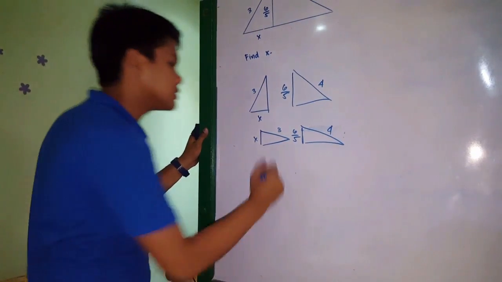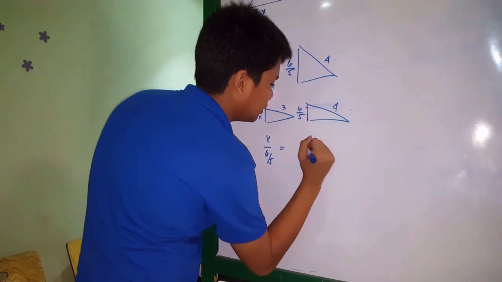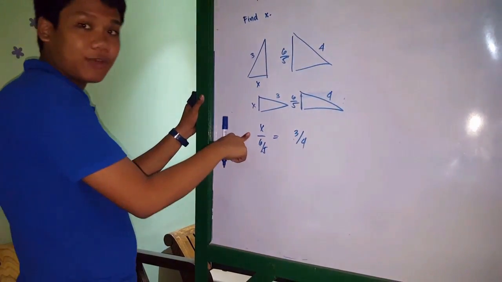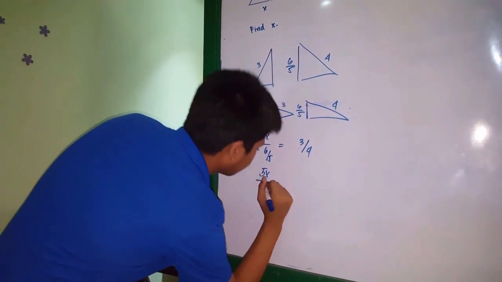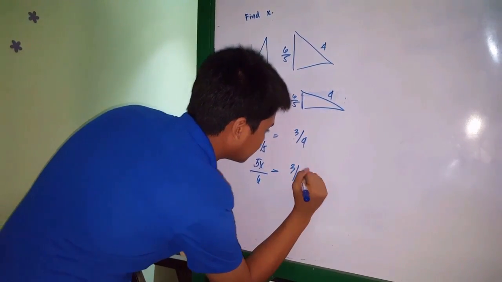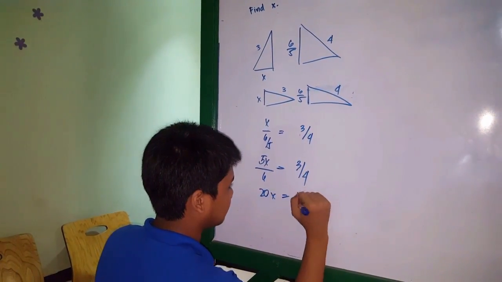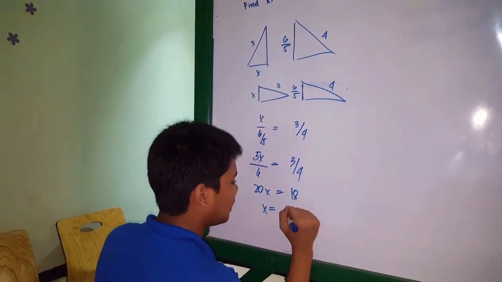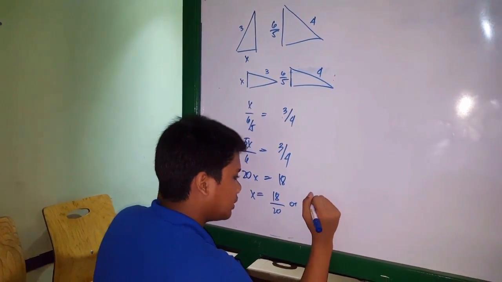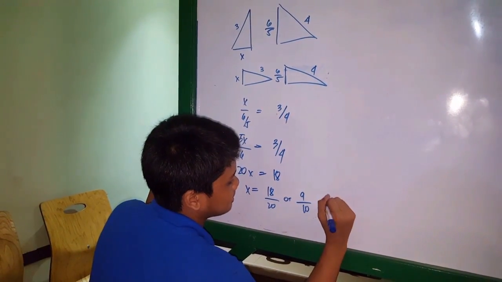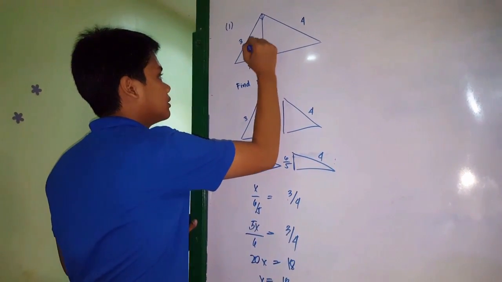We can just equate this: x over 6 over 5 is equal to 3 over 4. Simplifying this expression, cross multiplying, x is equal to 18 over 20 or 9 over 10. So the value of this segment is 9 over 10 units.